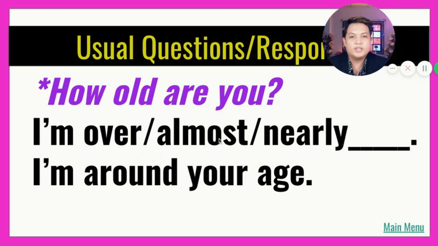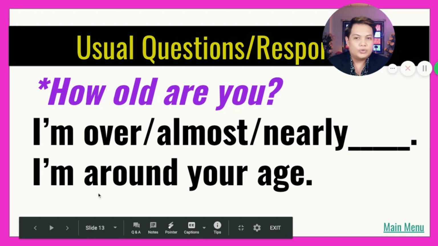Right? When you say almost, meaning to say your birthday is like next month or 2 months from now. You're almost 13, but right now you're just 12 and 8 months. All right? When you say nearly, it's the same as almost. Okay, you could use these interchangeably.